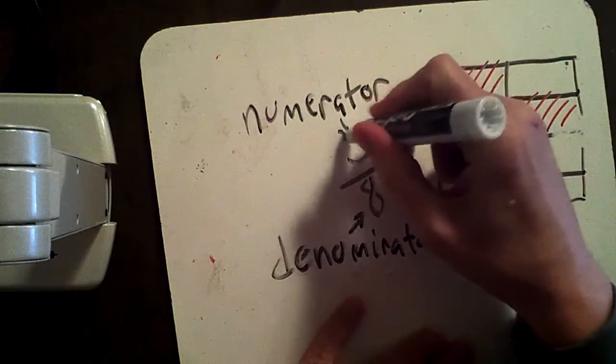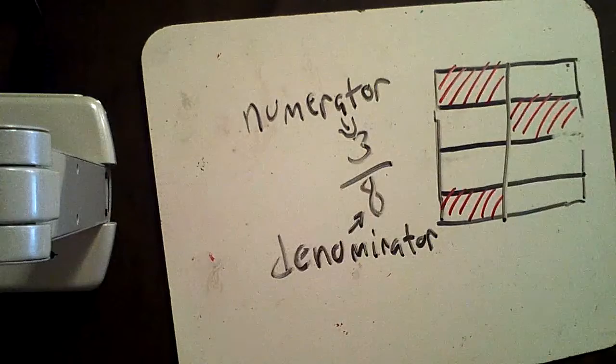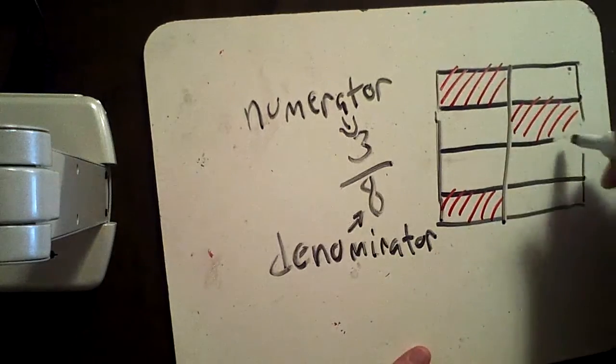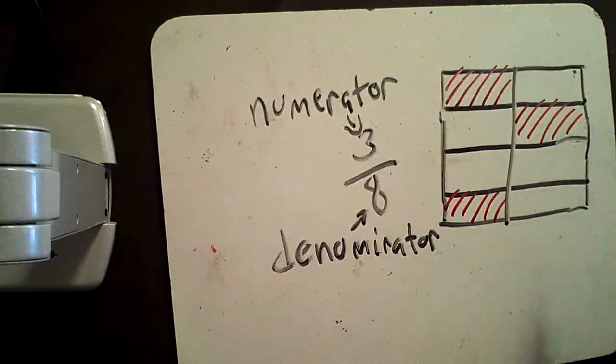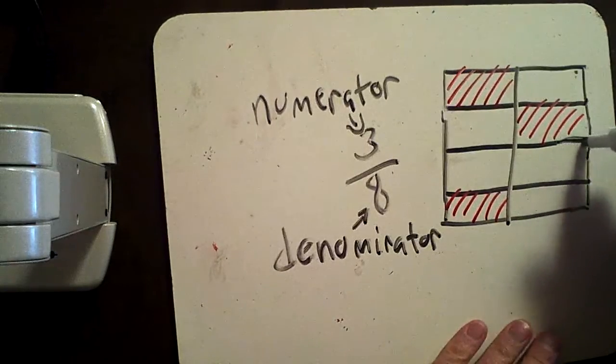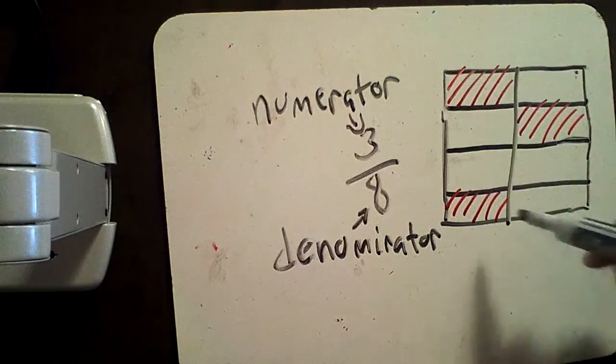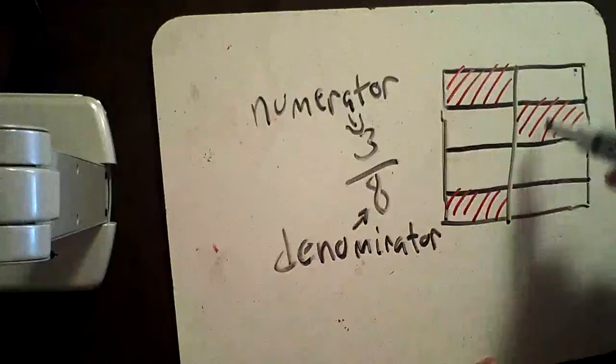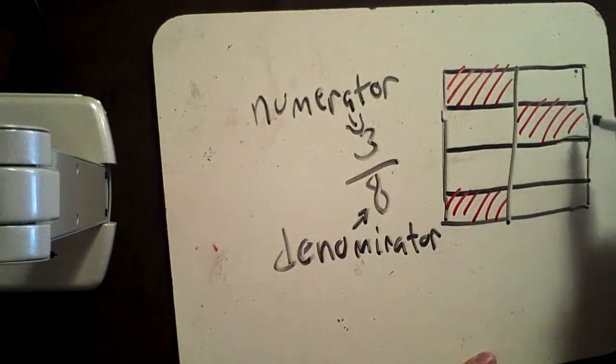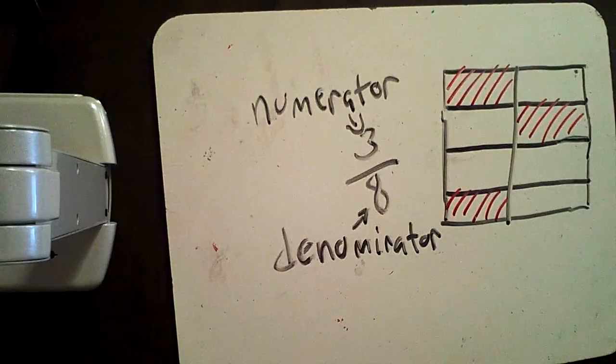So our numerator is 3, and that means our fraction is 3/8. So 3/8 of this rectangle is striped. 3/8 of this rectangle has red stripes. 1/8, 2/8, 3/8.